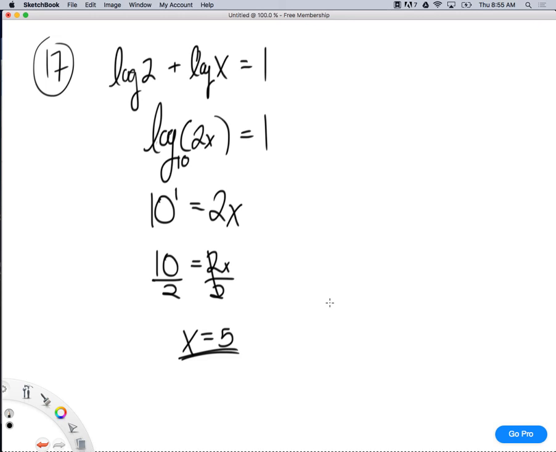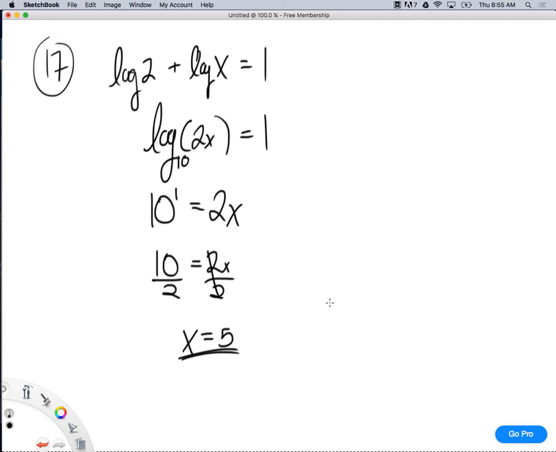All right. Yeah, all I mean by that is the base to this equals that. 10 to the 1 equals 2x. It just makes it easier for me to remember. So, good question, thank you.